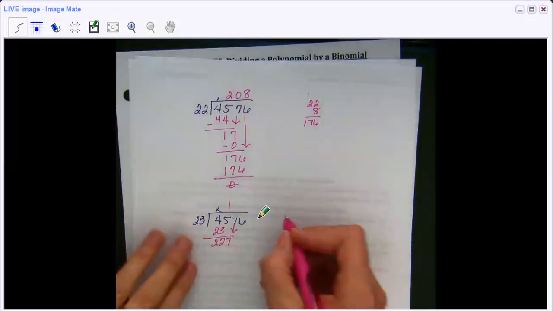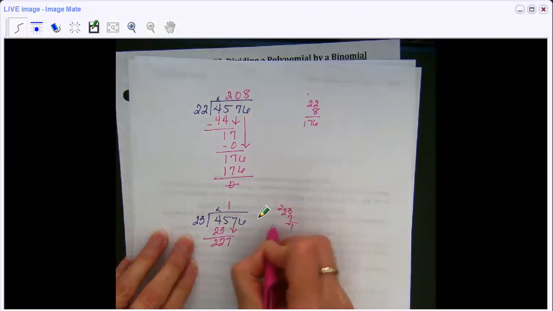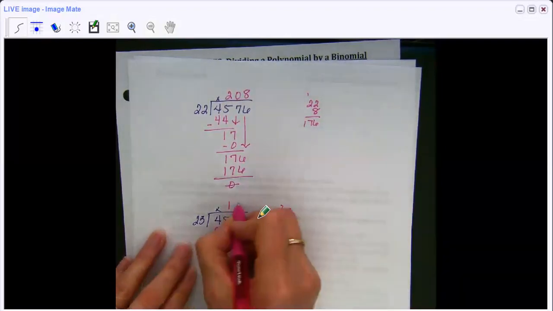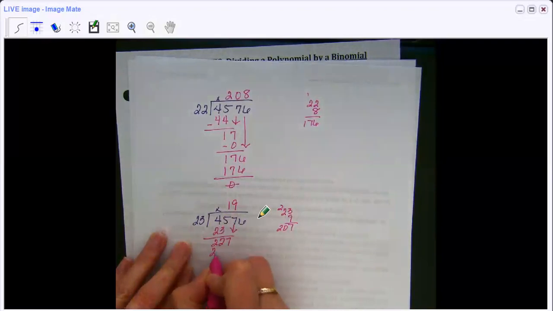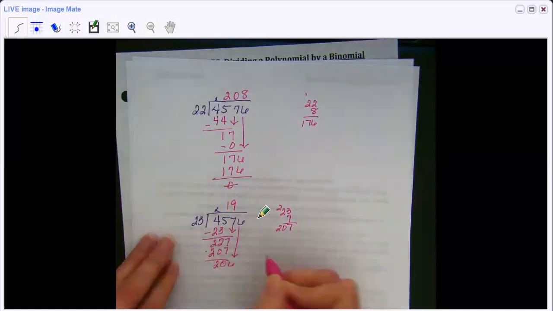So 227. Again, I know that 20 goes into 100 5 times, so I'm thinking it's going to go in there 9 times. And that is correct. 207. And then I subtract, and I bring down my next number, 6.